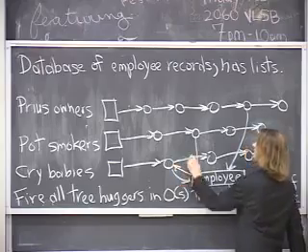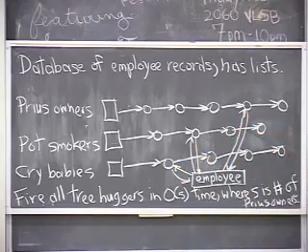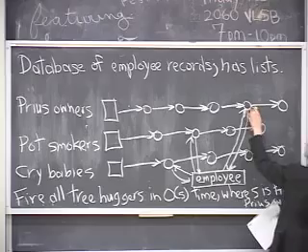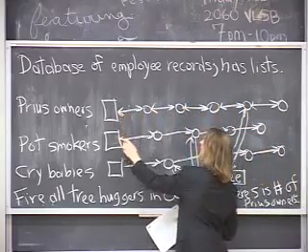So the employee knows that these are the list nodes that refer to it. And assuming there are only a constant number of lists, the employee can remove itself from a constant number of lists in constant time because it knows where those list nodes are. This is presuming they're doubly linked lists, mind you. I guess I should have mentioned that sooner.